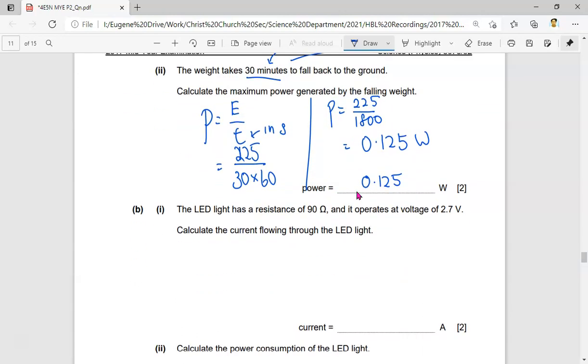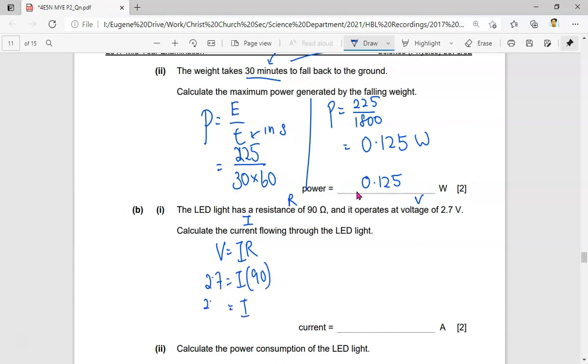They say the LED light has a resistance of 90 ohm and it operates at a voltage of 2.7 volts. Calculate the current flowing. So you've got resistance R, you've got voltage V, they ask you to find current I. So look at all the three variables here. The formula to use is V equals IR. So V is 2.7, I is what you want to find, R is 90.